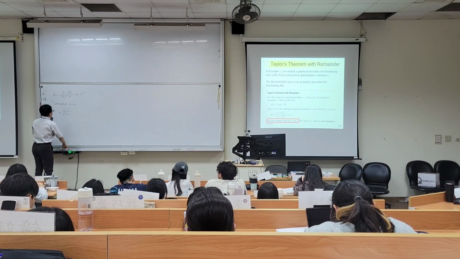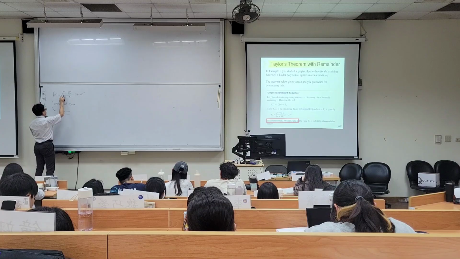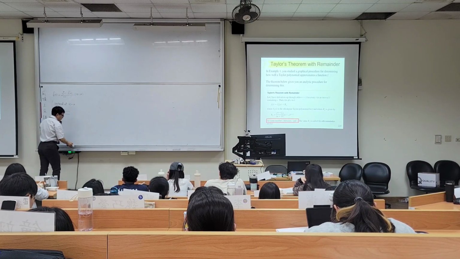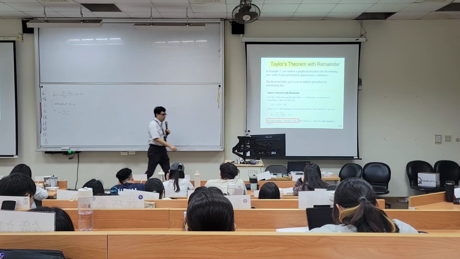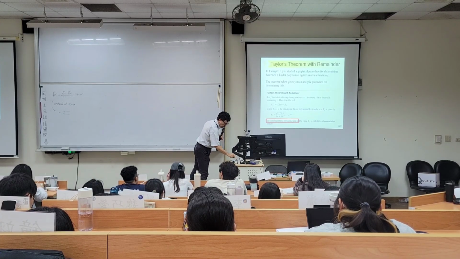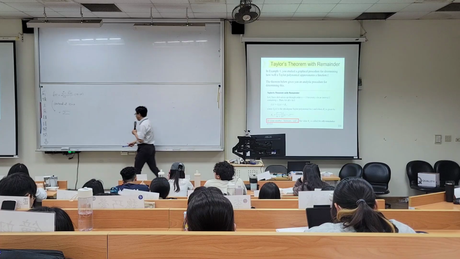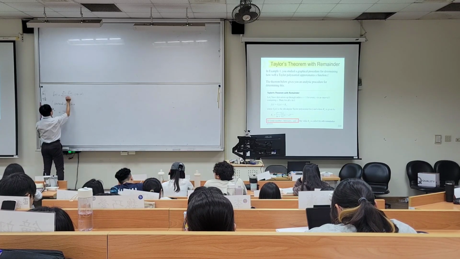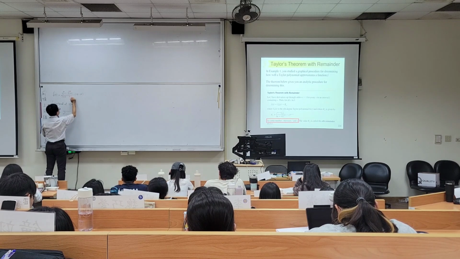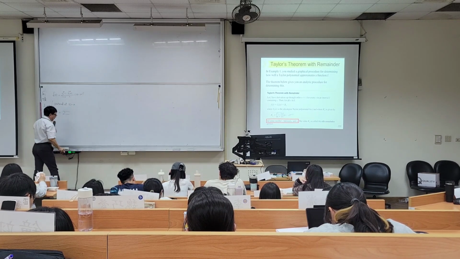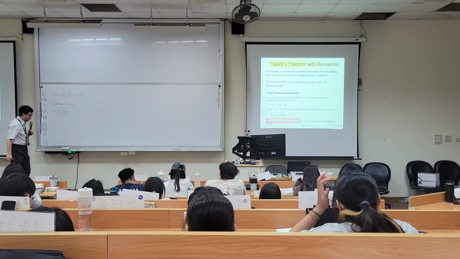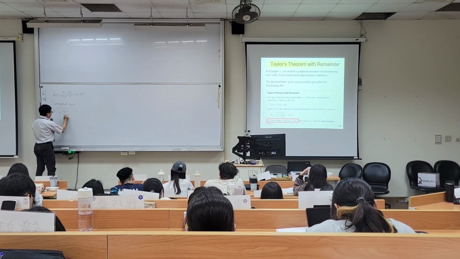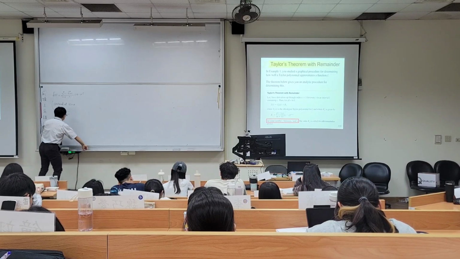I'm going to change the index to k instead of n, because I'm going to find the partial sum. So that's the kth derivative over k factorial times x minus a to the k power, with k from 0 to n.